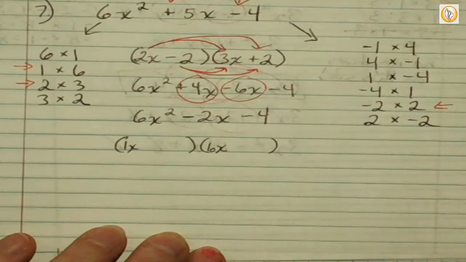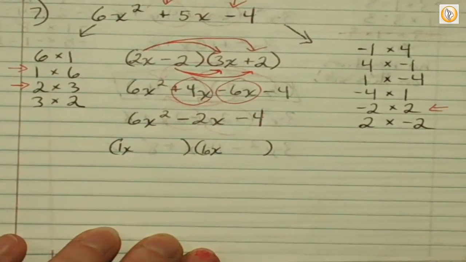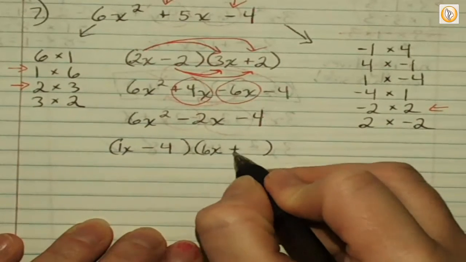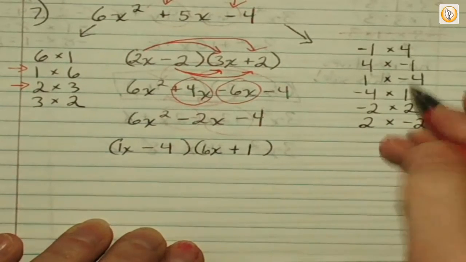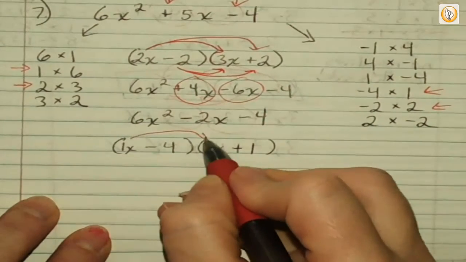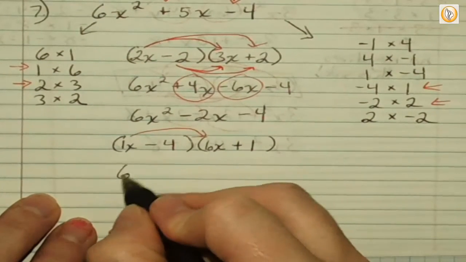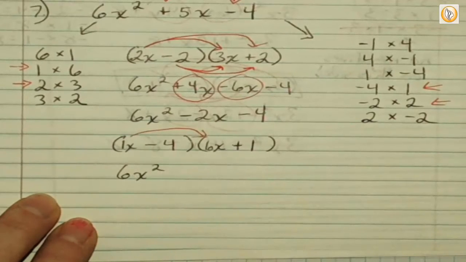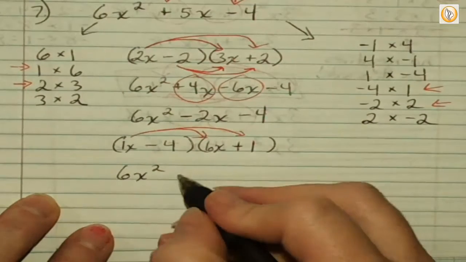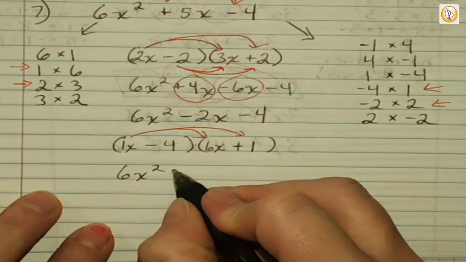Ariel? I mean, you already had a chance. Valeria? Okay, let's try -4 and +1. So she said -4 and 1, so let's try it. We have 6x squared. And then we have 1x times 1 is just 1x.